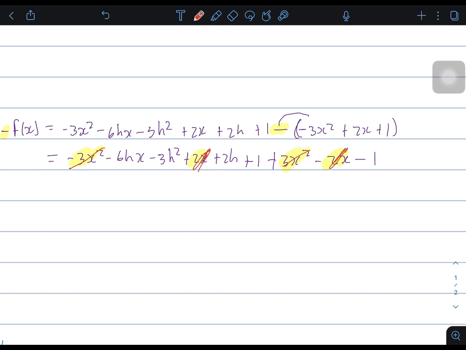Like terms with 1 and negative 1, so 1 minus 1 cancel each other.